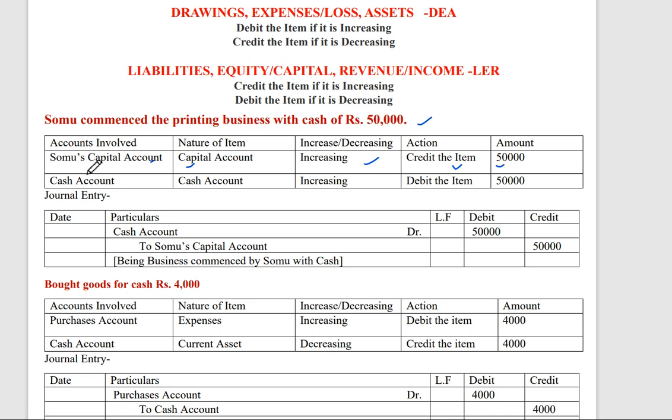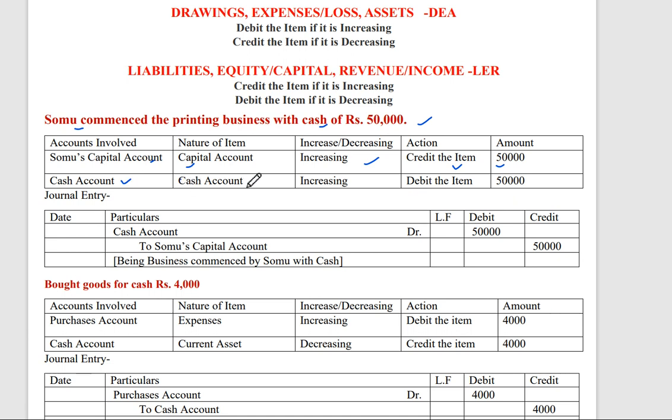Which is the other account being affected? Here in the transaction, they are specifically saying Somu commenced the business with cash. A business can be commenced with cash, an asset, or anything. Here they have specified cash, hence the cash account is being affected.